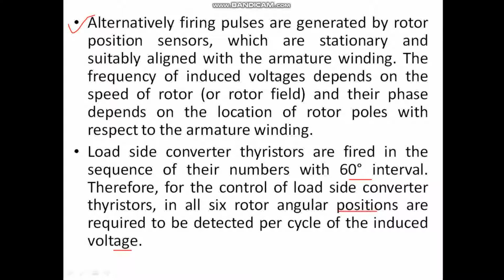Now I need the sensors. So we use Hall effect sensors. Hall effect sensors can detect the magnitude and direction of a magnetic field. Hence, with 3 Hall effect sensors we can detect 6 rotor positions.